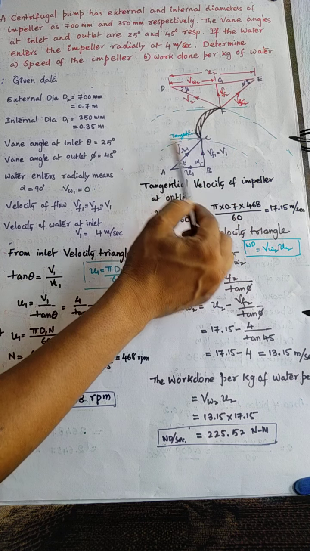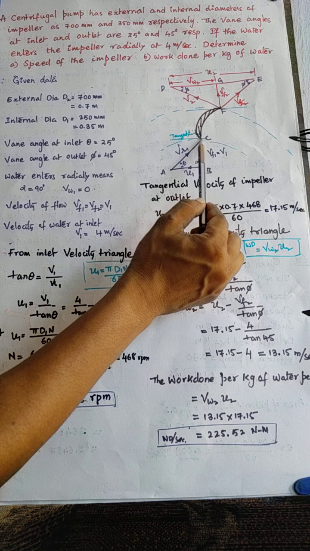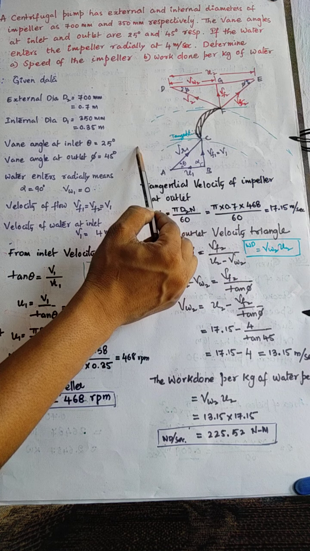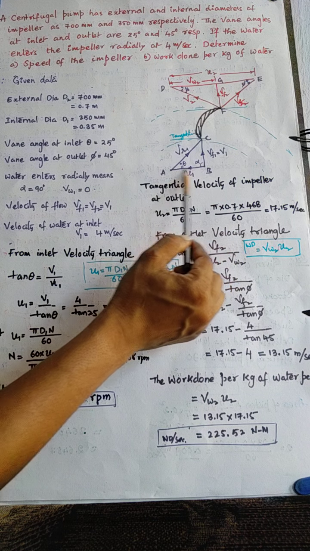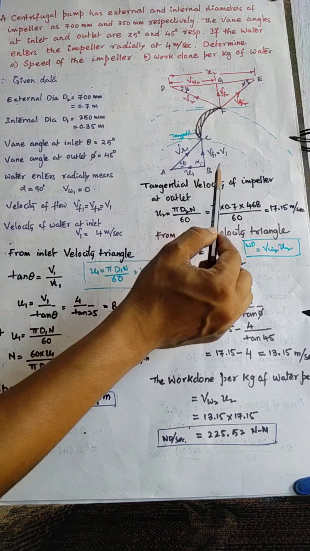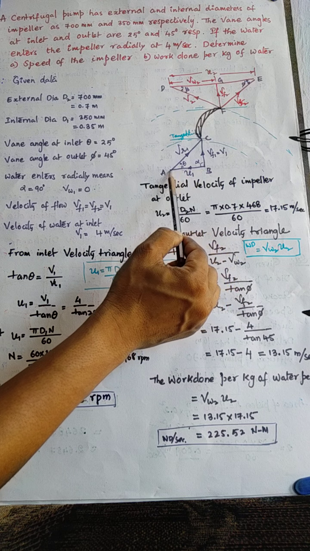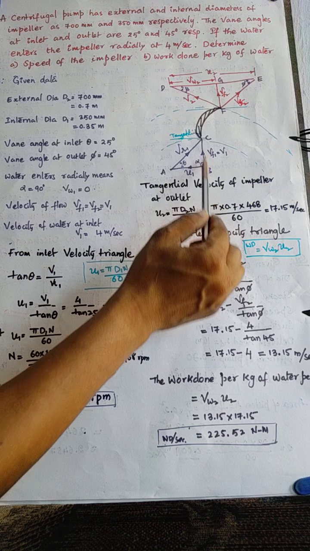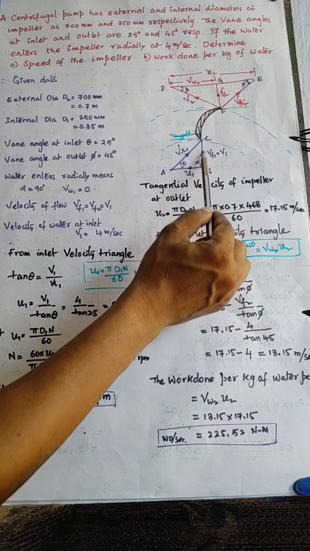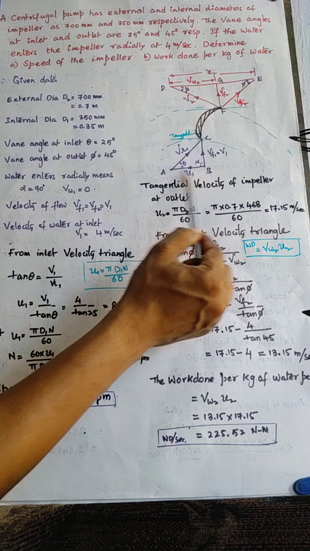When blade is moving in this direction, tangential velocity at this point is considered tangential towards this side. So this is drawn below this point to consider the triangle. So this is the blade velocity represented with U1, and water is moving in this direction and blade is moving in this direction.